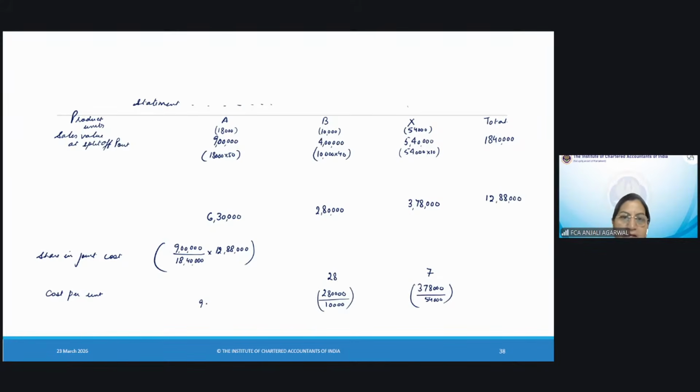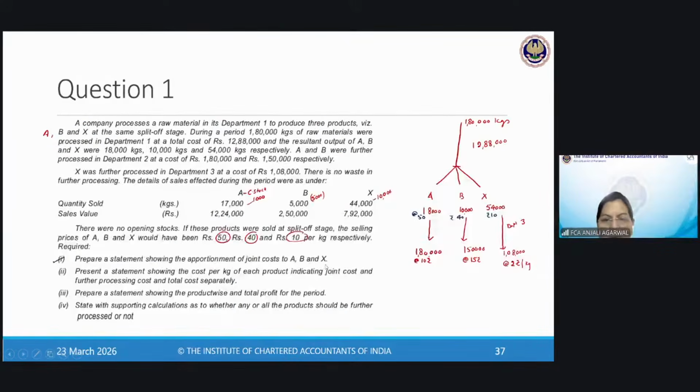And for A, 6,30,000 divided by 18,000 comes out to be 35 rupee per unit. So share in joint cost is 35 rupee per unit, 28 and 7 rupee per unit. So prepare a statement showing the apportionment of joint cost. Done. Prepare a statement showing the cost per kg of each product, indicating joint cost and further processing.